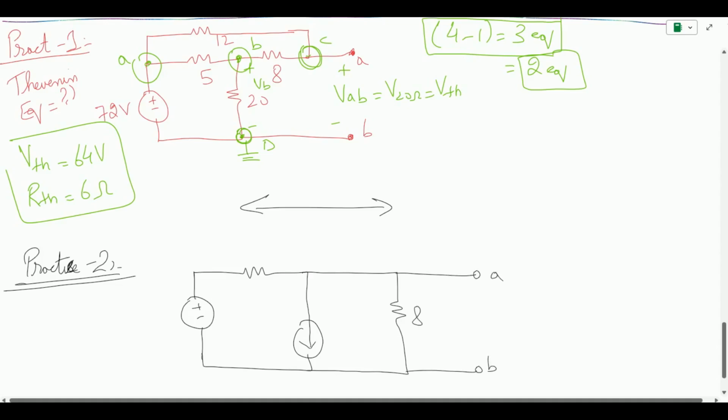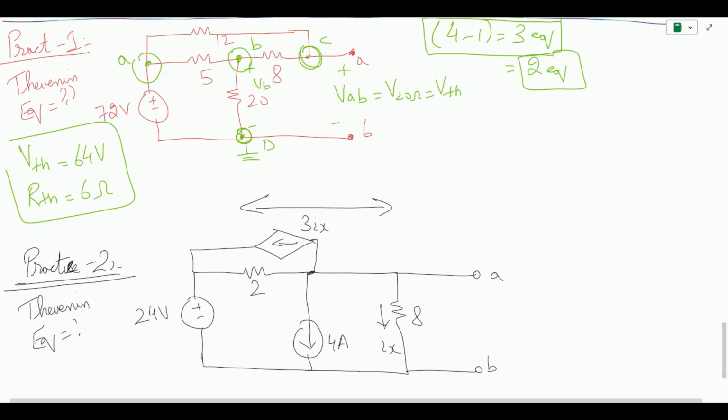So this is 8 ohm, this is 4 amps, this is 2 ohm, this is a 24 volt source, and you have a dependent source connected over here with this point over here. So this is a current controlled 3I of X, where I of X is going through the 8 ohm resistor, and you need to find the Thevenin equivalent of this as well.